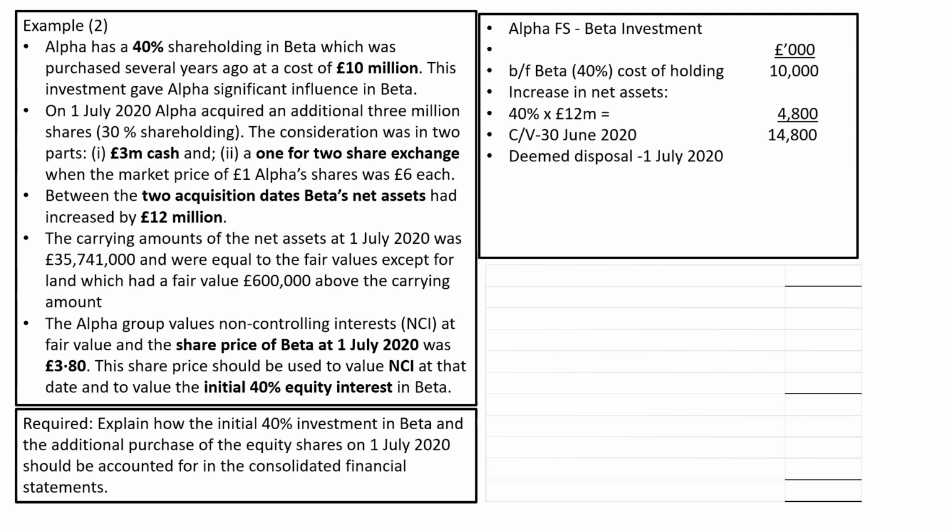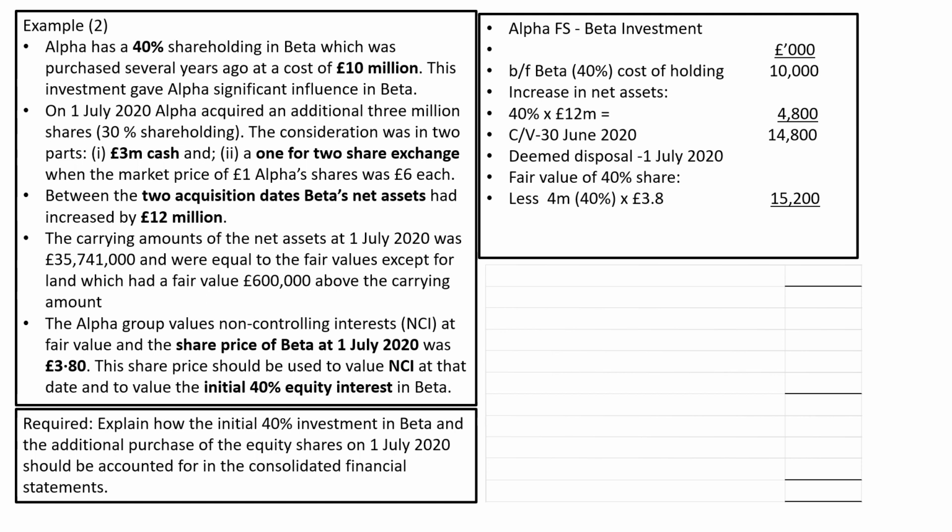Our next step is to work out the gain or loss on deemed disposal on 1st of July, when Alpha acquired 30% more shares, or 3 million shares. So the fair value of the 40 million shares is worked out by looking at the value of that 40% shares on 1st of July 2020, and we are told to use the value of £3.80 per share at that date.